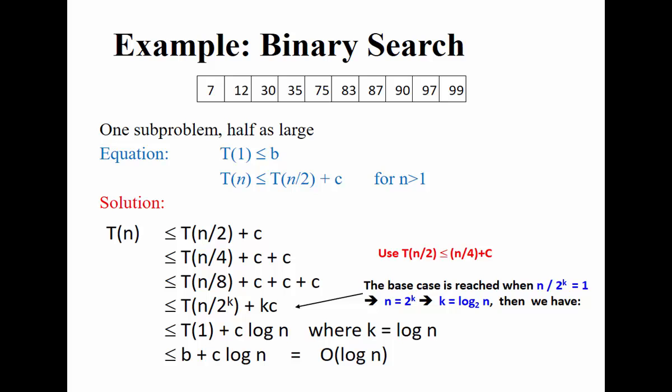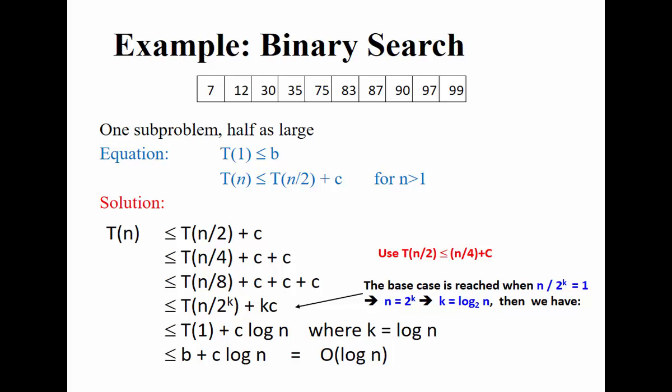Now this is a recursive relation, and we try to solve it using the iterative approach. So the first step is expanding this recurrence relation. To expand it, we substitute: T of n divided by 2 will be less than or equal to what? T of n divided by 4 plus c.